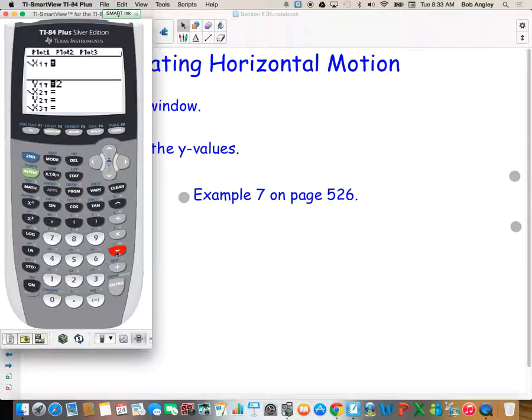All right, minus 20 t squared plus 110 t minus 85.